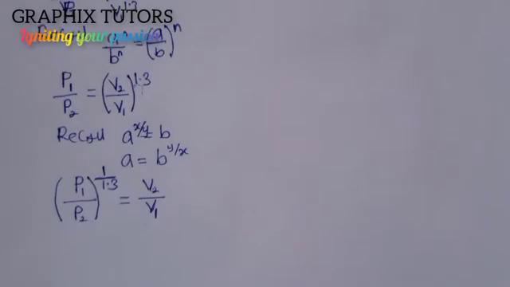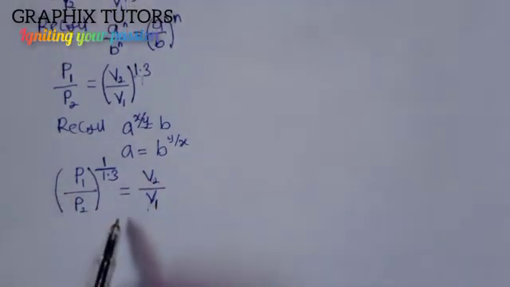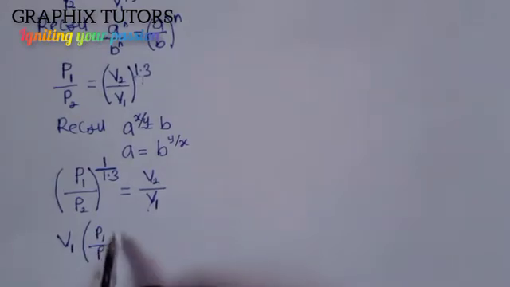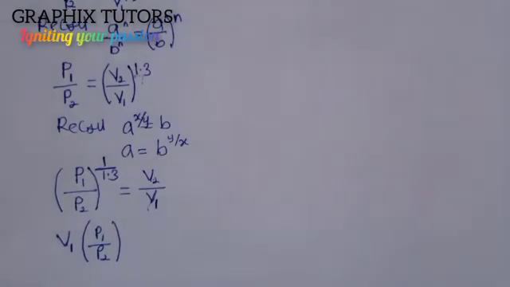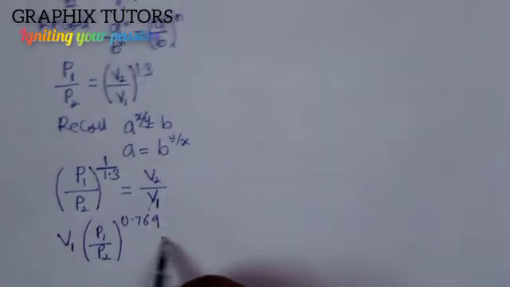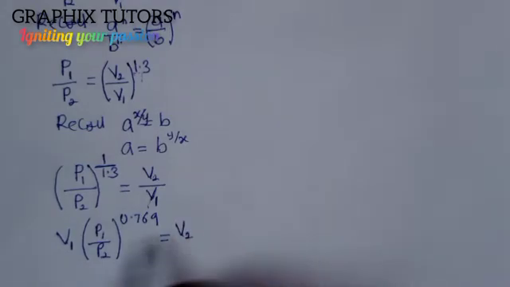Now, if I make V2 the subject of the formula, I'm going to cross multiply. So we'll see that it is V1 multiplied by P1 over P2, all to the power of 1 over 1.3, which is 0.769, equals V2. So this is what we're looking for.